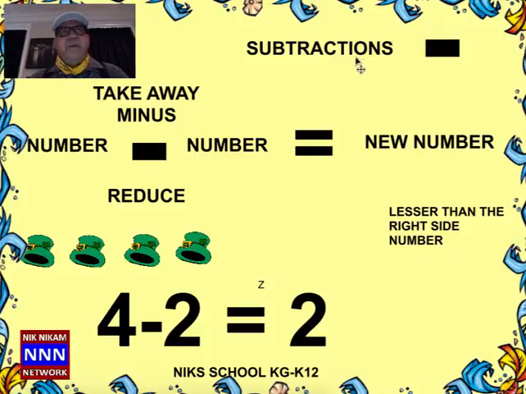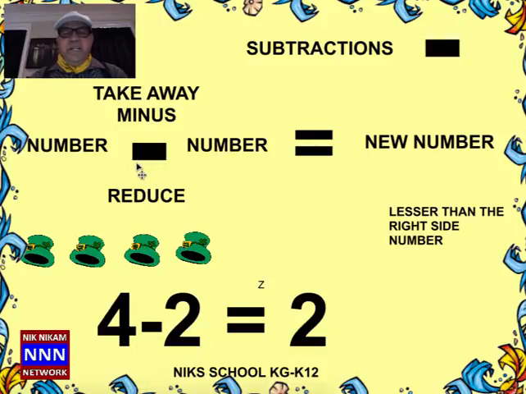Subtractions. That is reducing the number from an equation using a minus sign. So let's look at here. On the left side, we have a number. Generally, this number contains more items. And next to this number, we have the minus sign.